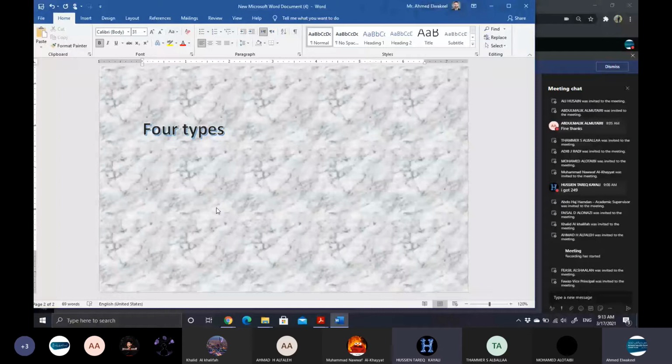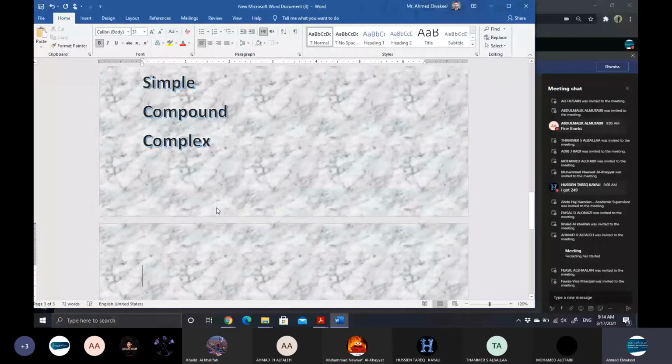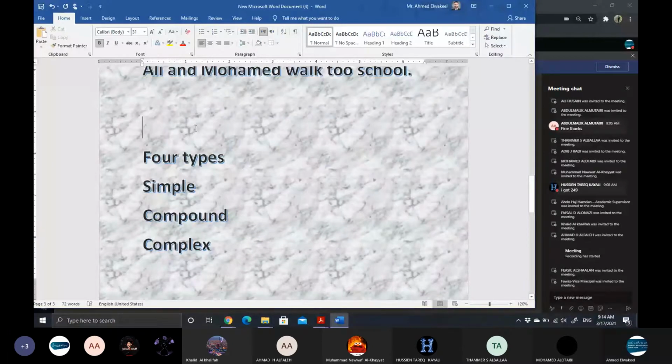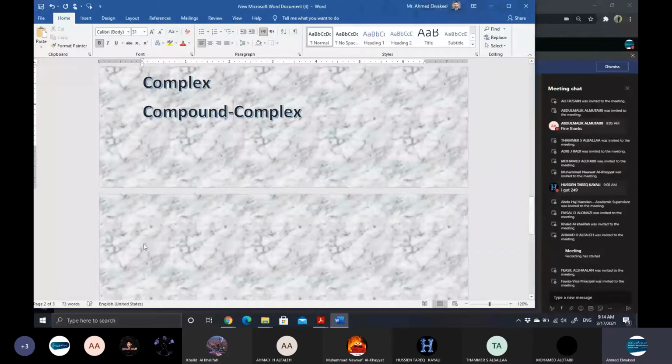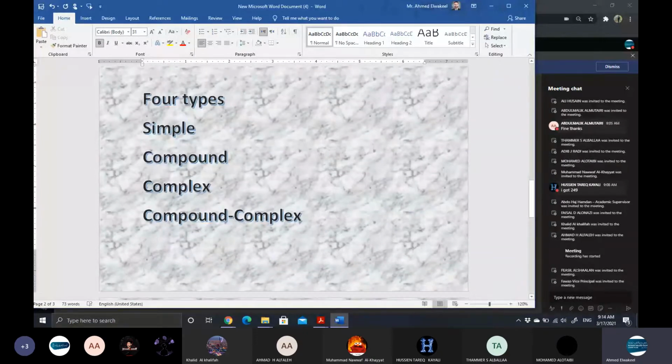They are simple sentence, compound, complex, and the last one is compound complex. So we have 4 types of any sentence.